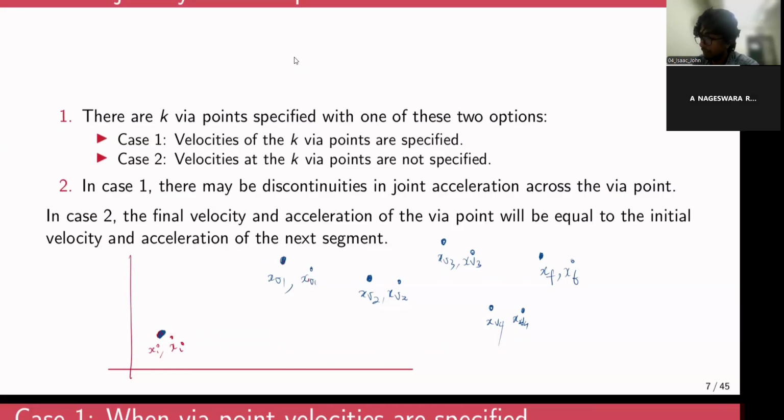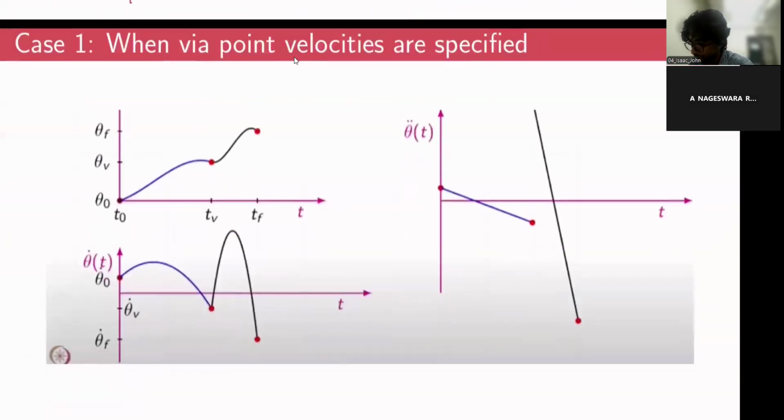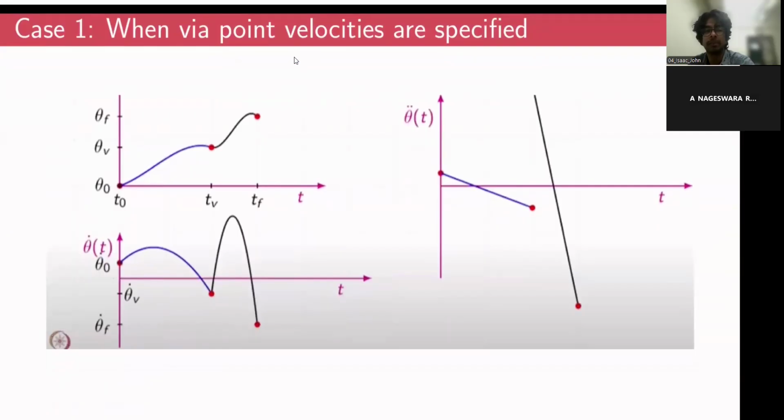If you have a trajectory like this, the final velocity of this first segment would be the initial velocity of the second segment. And it will basically get carried over and over. But in case one, we'll have the velocity specified as per our own demand. That's the only difference.